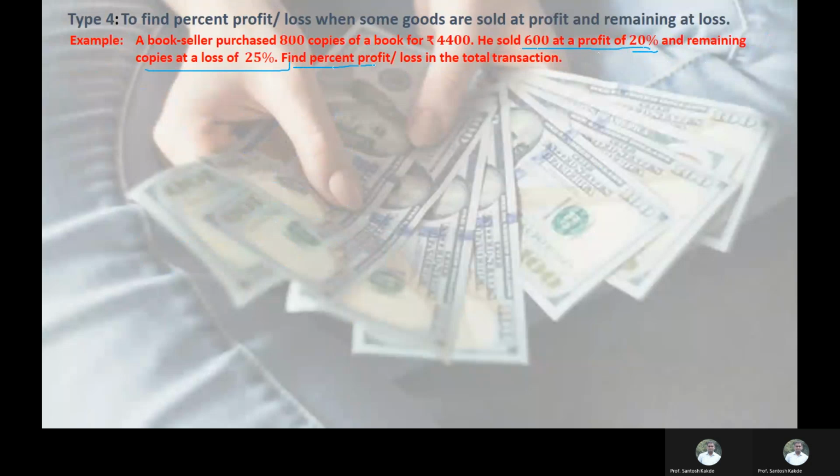We have to find the percent profit or loss in the transaction. So you must understand the example, what quantities we have been given and what quantity we have to find. In this case, the bookseller purchased 800 copies of the book for 4,400 rupees.